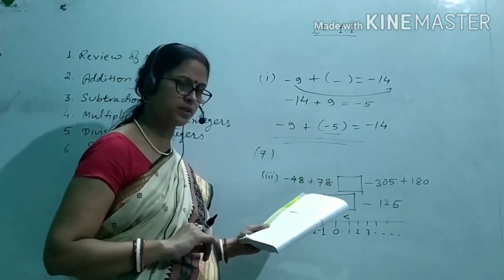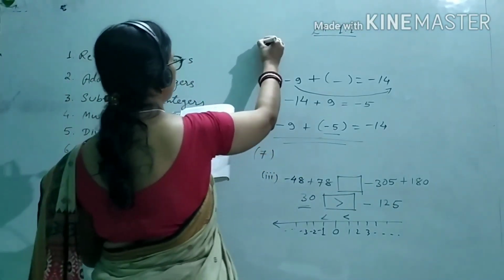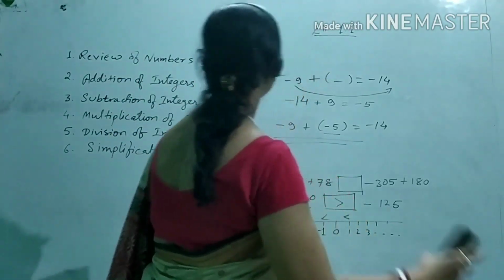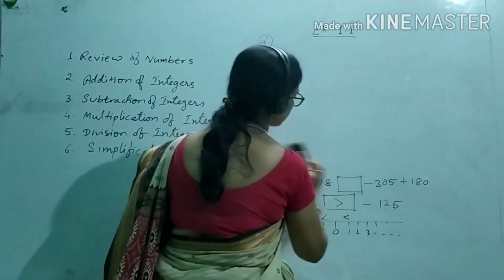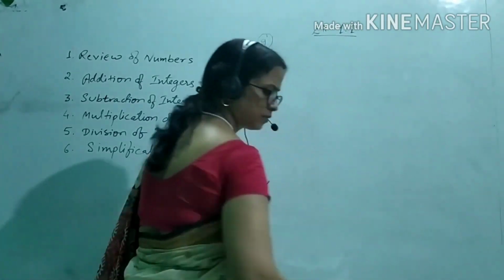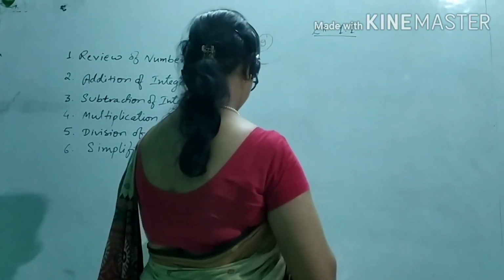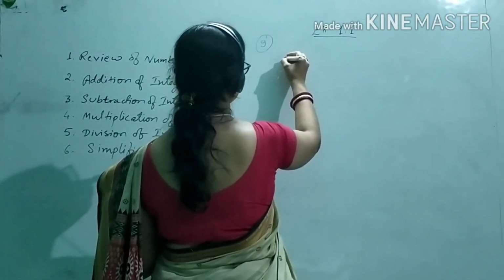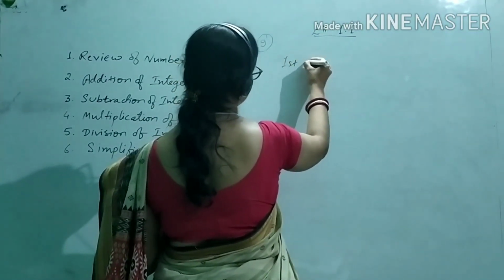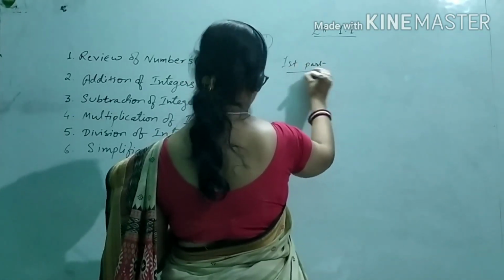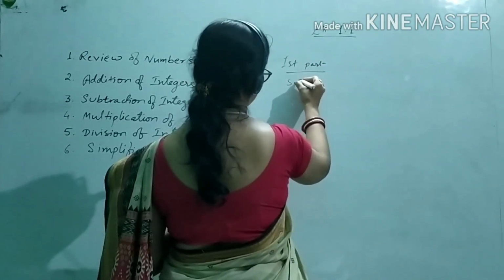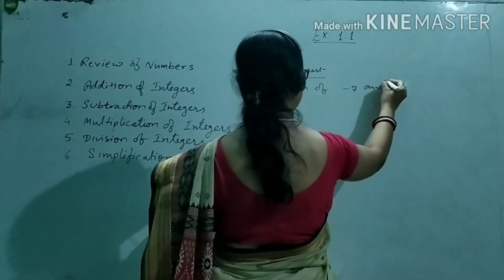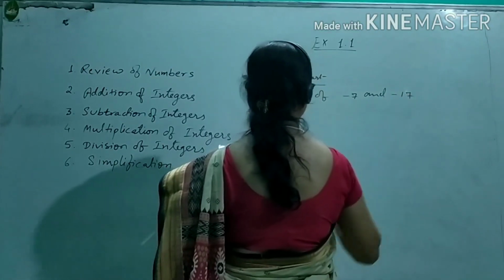Now going to solve this. Question number 9, first part: sum of minus 7 and minus 17.